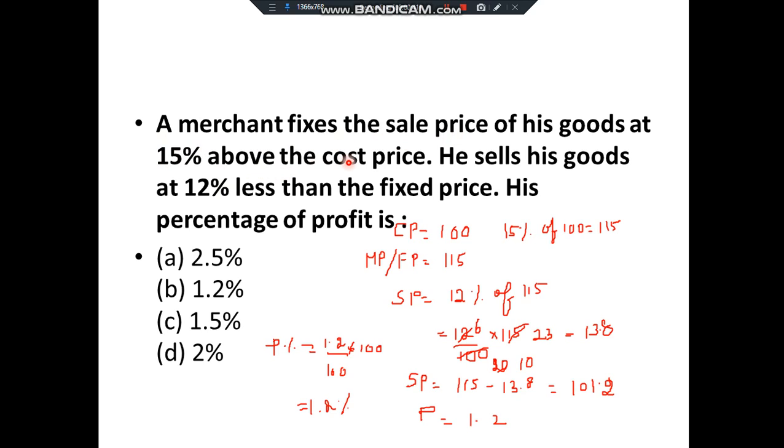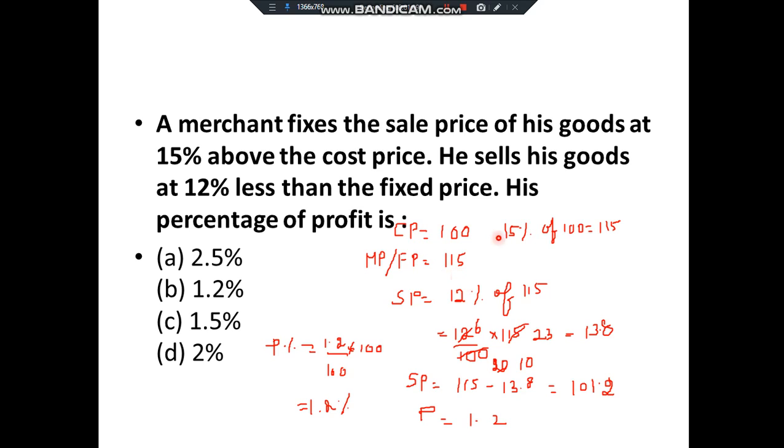Okay. Now let us assume the cost price to be 100 because no value is given. So through assumption we will find all the values. So cost price is equal to 100. Now he fixes the sale price of goods at 15% above cost price, which means 15% of cost price. So 15% of our 100 is 15, right? So now we will get the marked price. How? 15 plus 100. We get the marked price as 150.